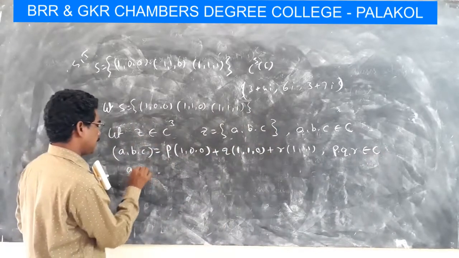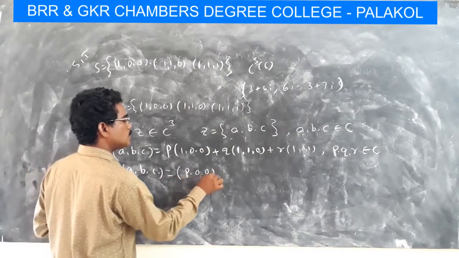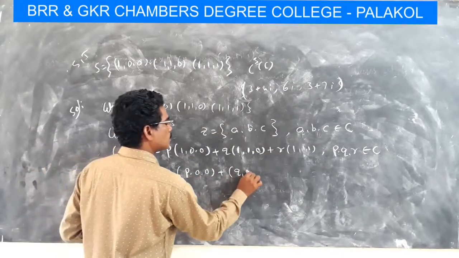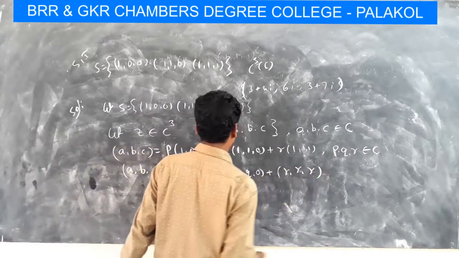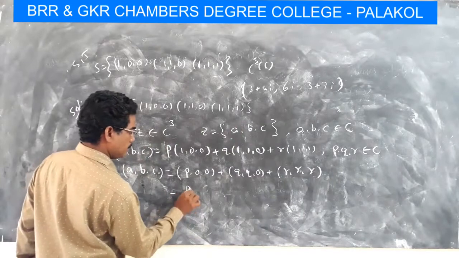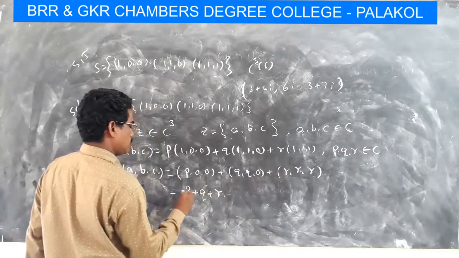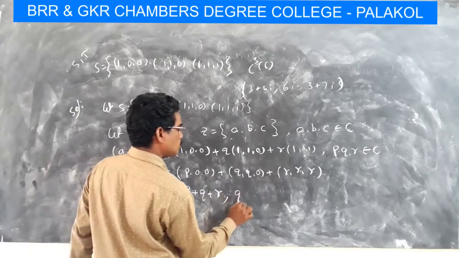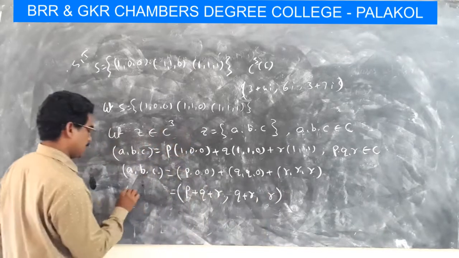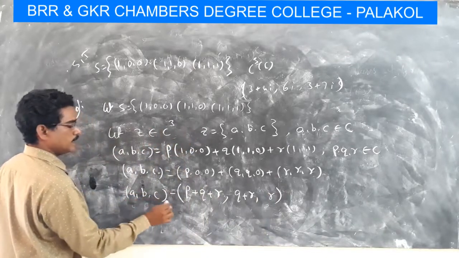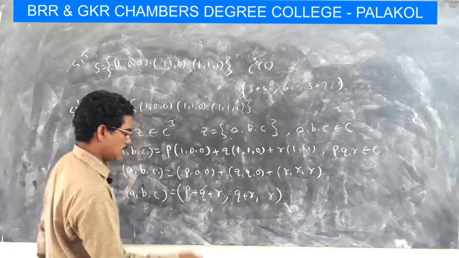Then (A, B, C) equal to (P,0,0) plus (Q,Q,0) plus (R,R,R), which implies P plus Q plus R is the first coordinate, Q plus R the second, and R the third. So (A, B, C) equal to (P+Q+R, Q+R, R).